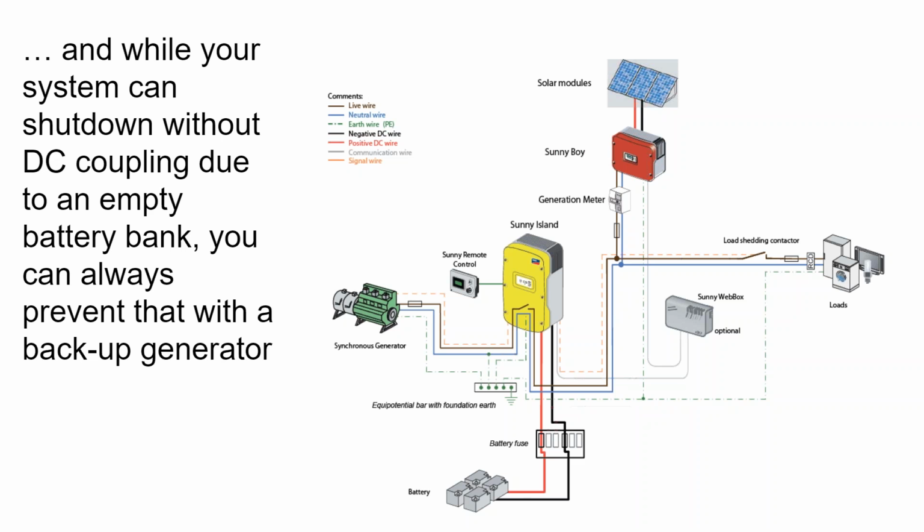Also, technically, if you're using all of the power from the solar array, what that means is it's either going into the load or being sold back to the grid. So if you're using 100% of the power from the solar array, then AC coupling is technically a little bit more efficient because the energy is not flowing through the battery.